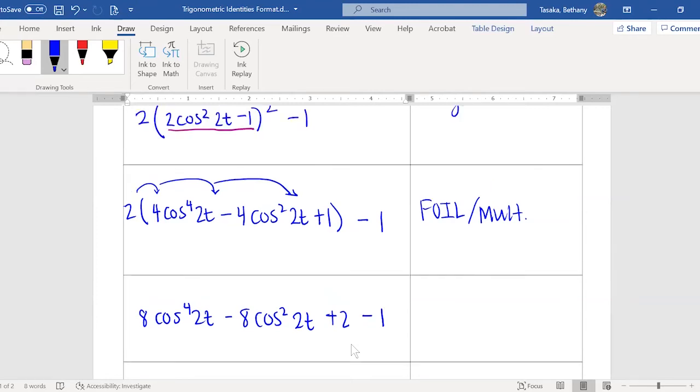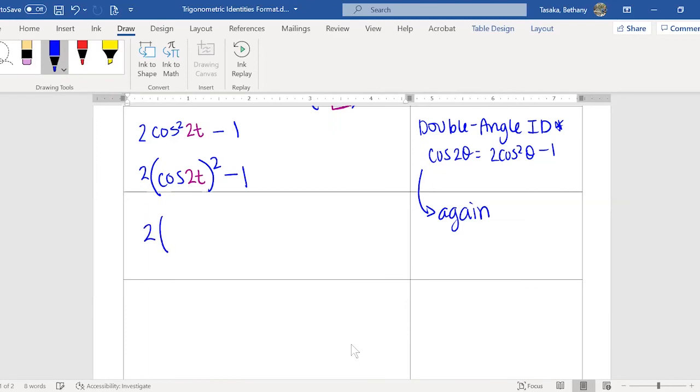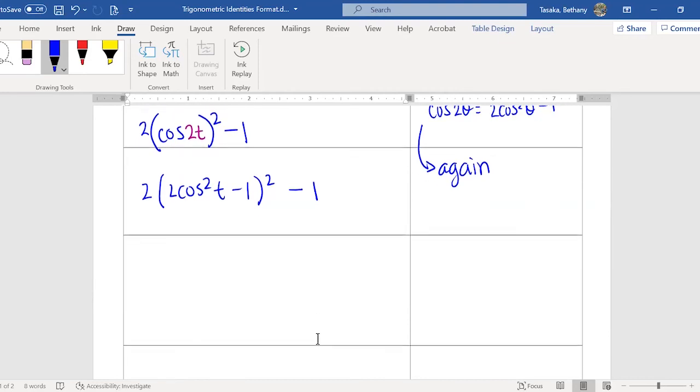And I do want to reference that we're pretty close to what we were doing, right? So we've got 2 times cosine squared t. We've got 2 times 2 cosine squared t minus 1 squared minus 1. So now what we want to do, pretty much it's algebra from here down. Let's square out that 2 cosine squared t minus 1. So I've got 2, this is 4 cosine to the 4th t minus, we multiply those two and double them, right?